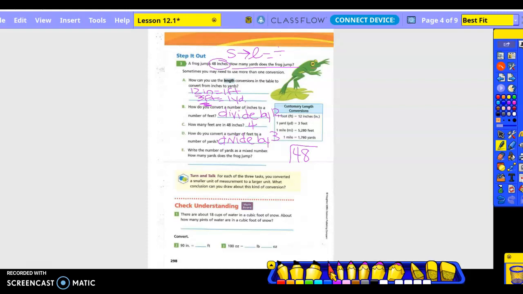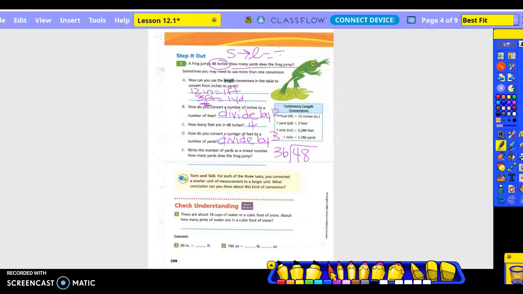But you have 12 inches and then the 3 feet. So you need to take 48 divided by 36 because there are 36 inches in 1 yard, right? So you need to take 48 divided by 36.